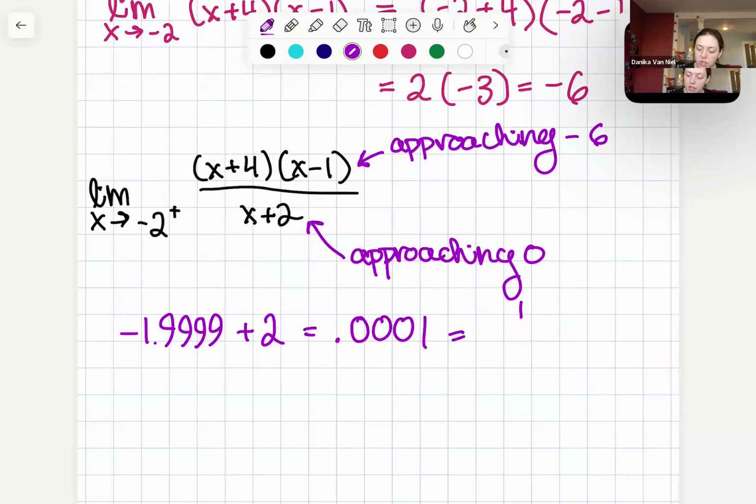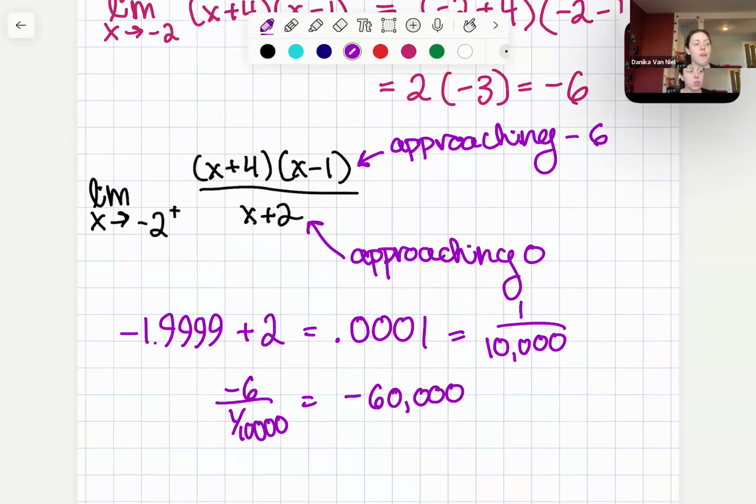This is actually 1 over 10,000. So for this instance, we'll have -6 divided by 1 over 10,000, which is -60,000. So we're getting humongously negative.